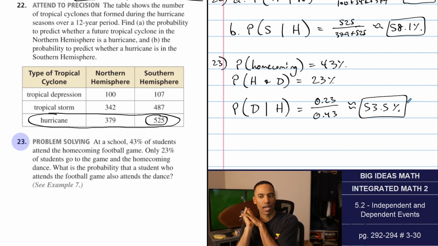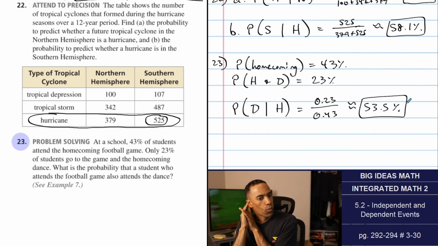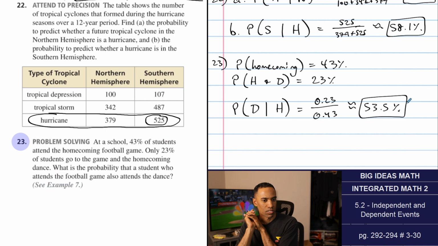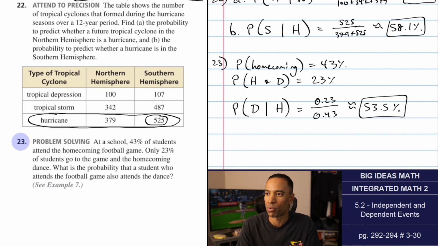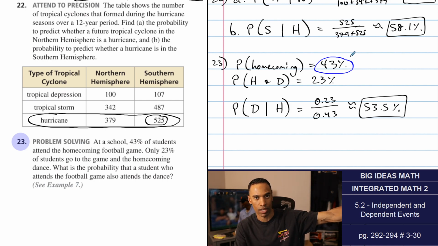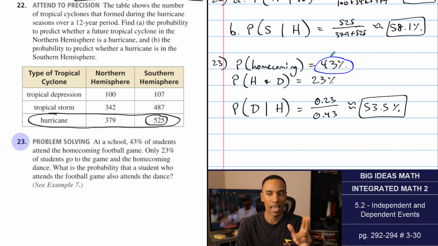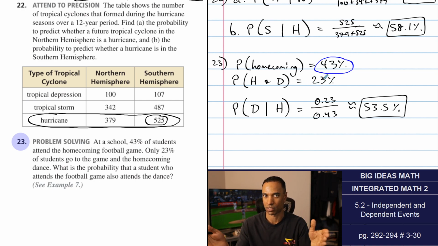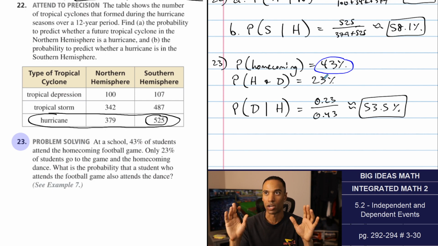Okay, so here's the idea. They say probability of a student who attends the football game also attends the dance. We only care about the ones that attended the football game. Who cares about the other 57% who didn't? We don't care if those people went to the dance or not. These people did, and within that pie chart, 23% of all students went to both the homecoming game and the dance.